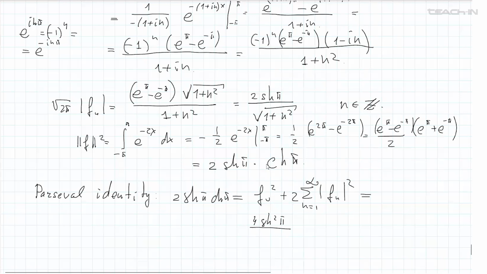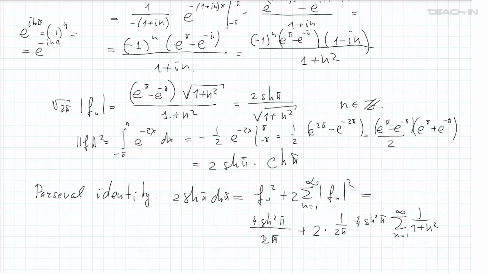So here we have 2 pi plus 2 sums, 1 over pi, and here the sum of 4 sine squared pi, sum of 1 over n squared, n from 1 to infinity.